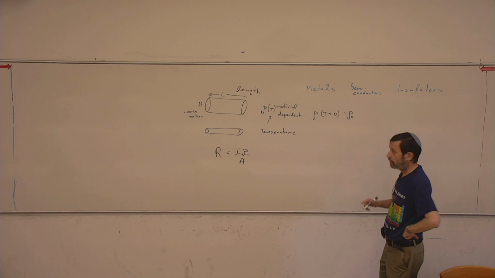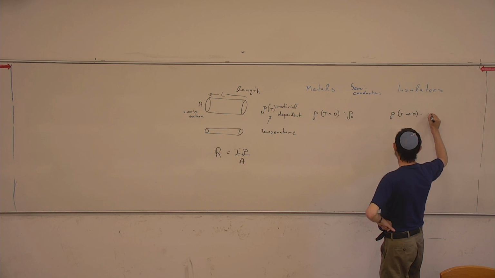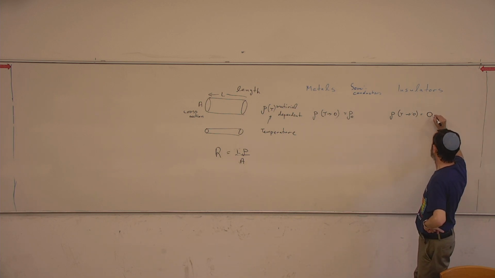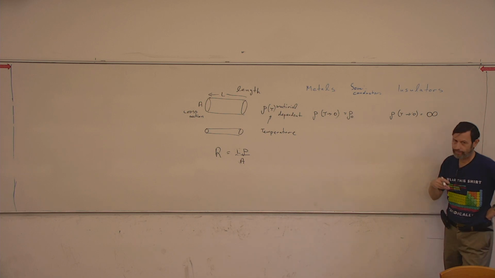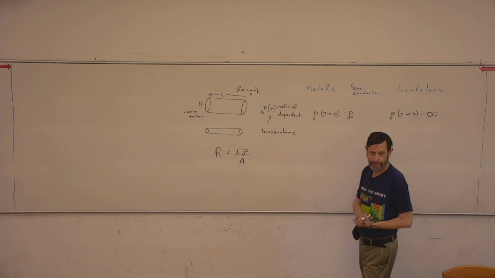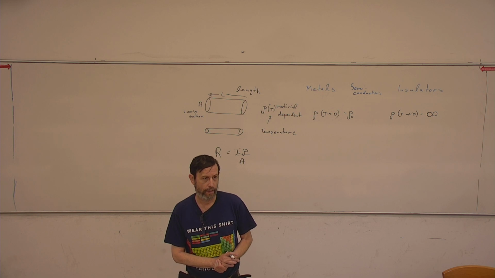For insulators, it goes to infinity. And this is the criteria that as physicists we define what's an insulator and what's a metal.